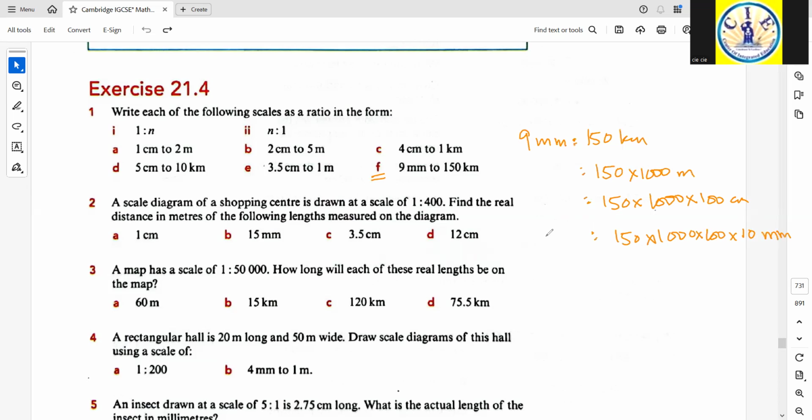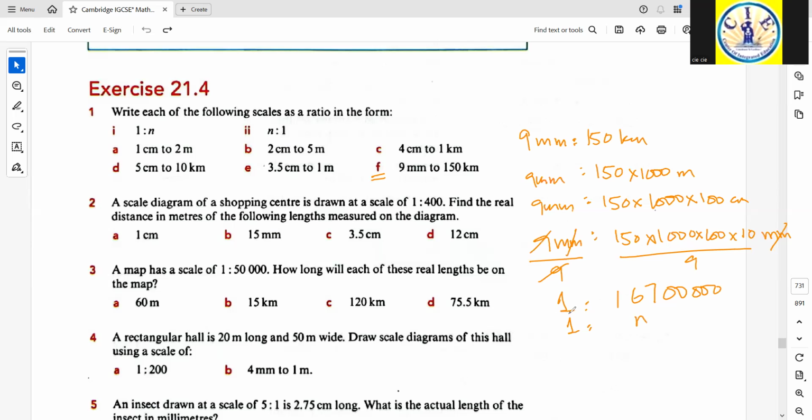So now the units are the same. So I can cancel the units. And now it is 9 ratio this. So I need to divide it by 9 on both the sides so that I can have 1 over here, and this would give me 167,000,000. So this is the form 1 is to n.